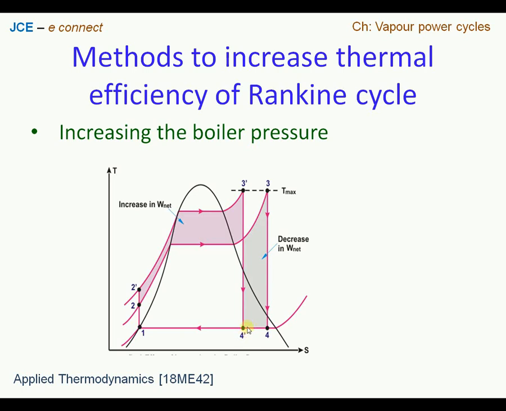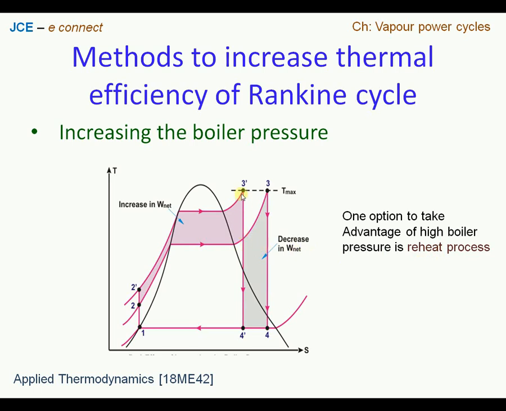So that is not attractive, that is not desirable. Therefore, in order to take the advantage of increasing the boiler pressure without compromising in the dryness fraction, a process called reheat is proposed.